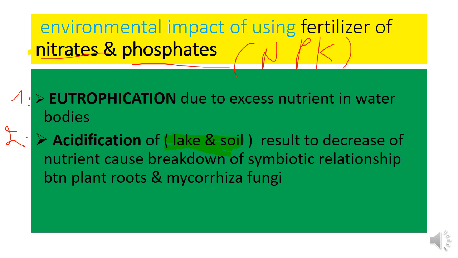If you use an excess, you can cause pollution called eutrophication, due to the excess of nitrate in water bodies, and also acidification, resulting in decreased nitrate and the breakdown of the symbiotic relationship between plant roots and mycorrhizal fungi. This means that if you use NPK in bad ways, in excess, you can cause this environmental impact. Pay attention, use it as standard.